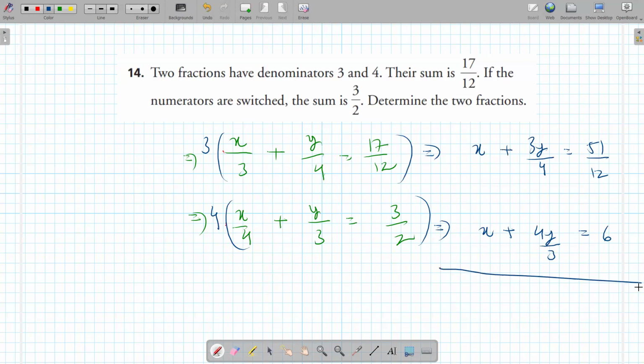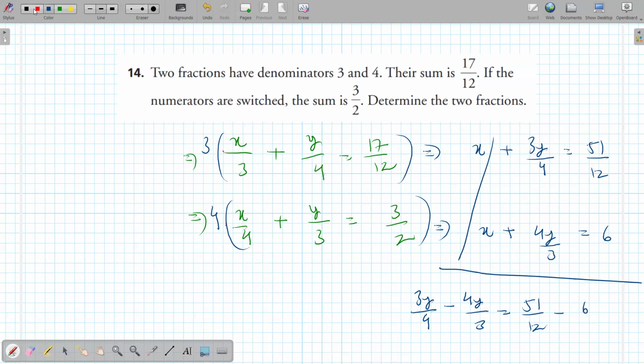Let's try doing it this way. Now what do we do now that we have the same coefficient for x? You subtract, so this goes away. So we have 3y over 4 subtract 4y over 3, and we have 51 over 2 subtract 6.